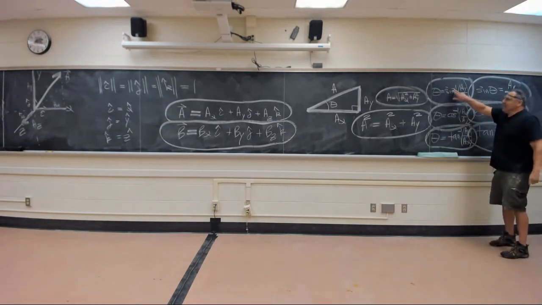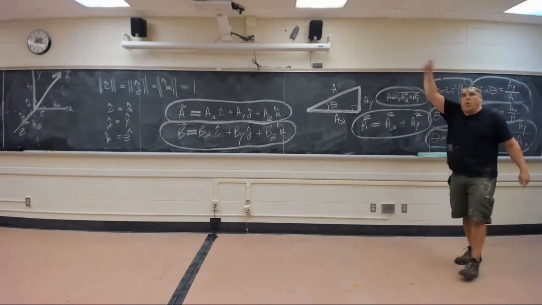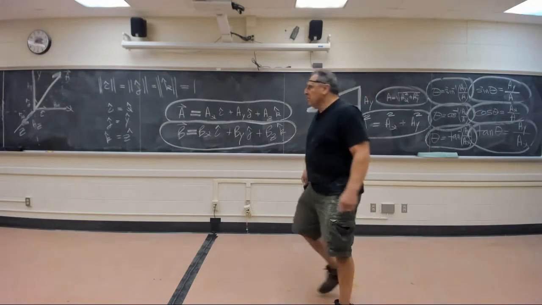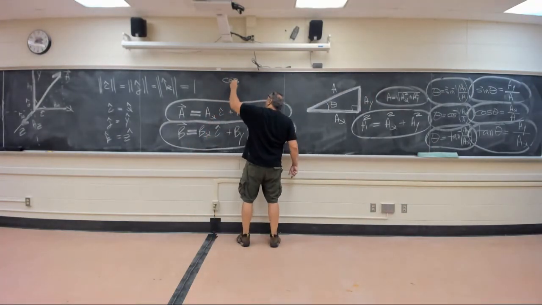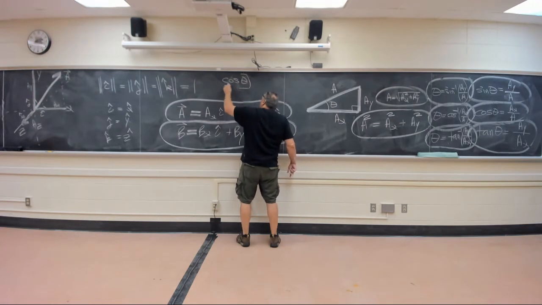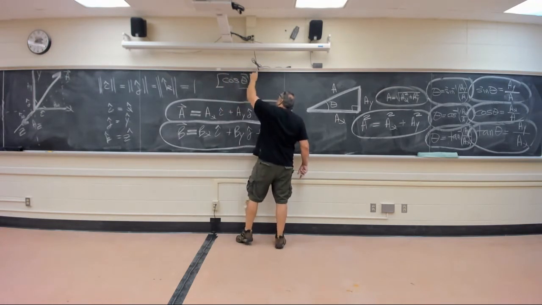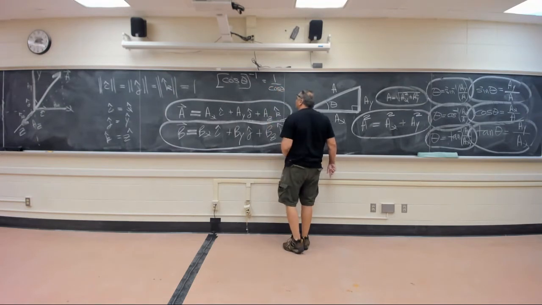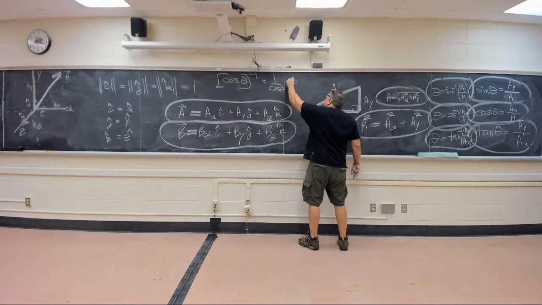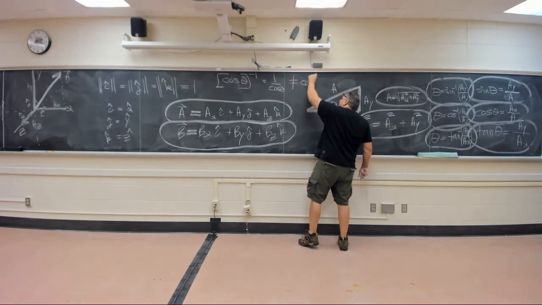This to the negative 1 does not mean 1 over cosine. If I want to write 1 over the cosine theta, the whole thing to the negative 1 means 1 over cosine theta. I agree with that 100%. That does not equal this.